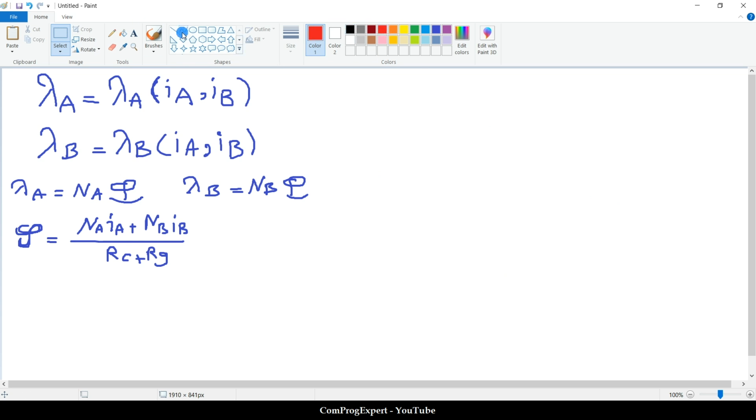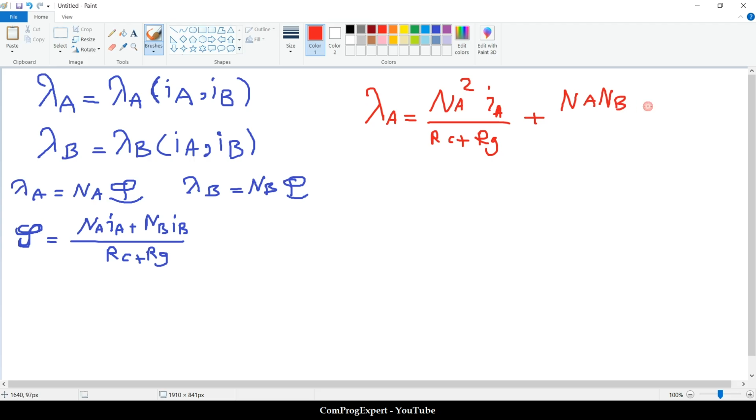We can write lambda A is equal to NA to the power 2 times IA divided by the reluctance of the core plus the reluctance of the gap, plus NA NB IB divided by the reluctance of the core plus the reluctance of the gap.